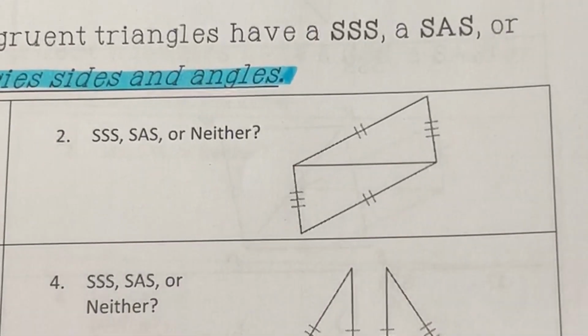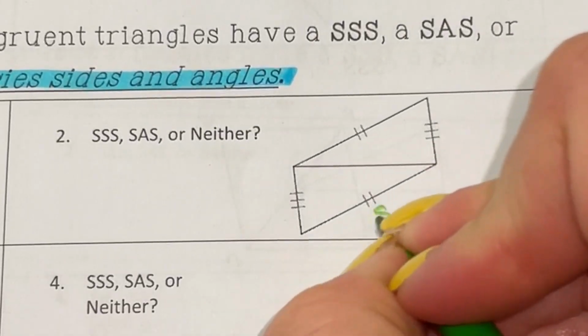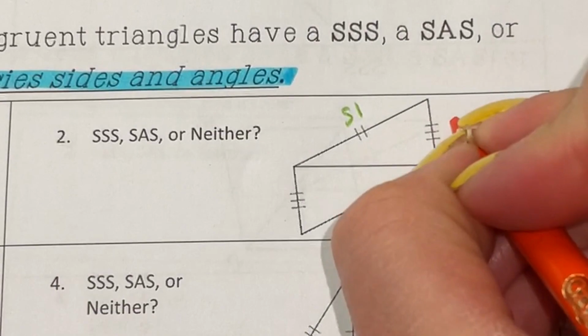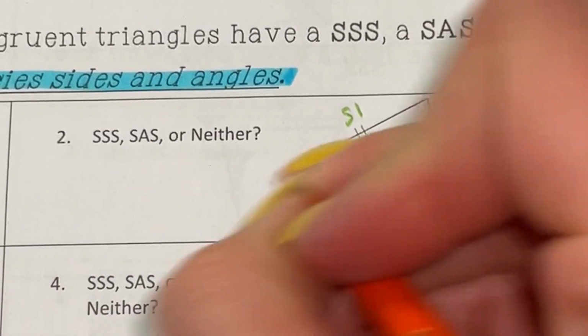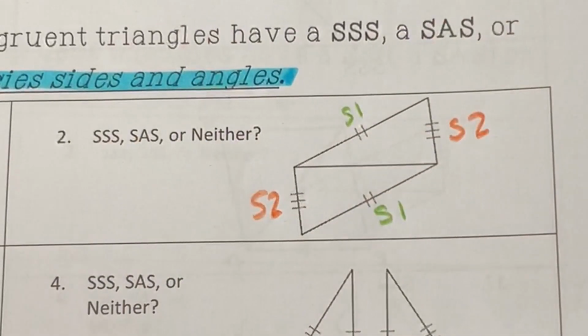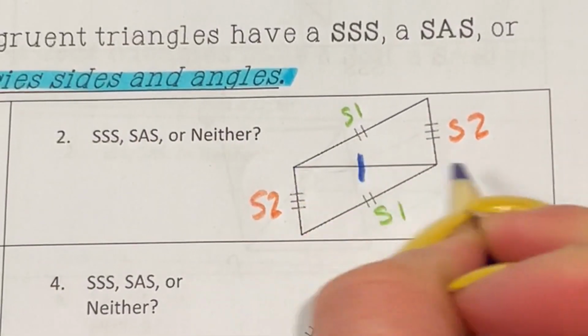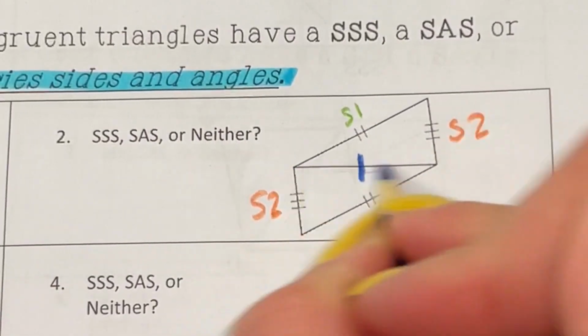All right, looking at number 2 here. So we have a side 1 and a side 1. They have the same tick mark. Then I have a side 2 and a side 2. They also have the same tick mark. And then I also have this reflexive side here, right? They share the same side.